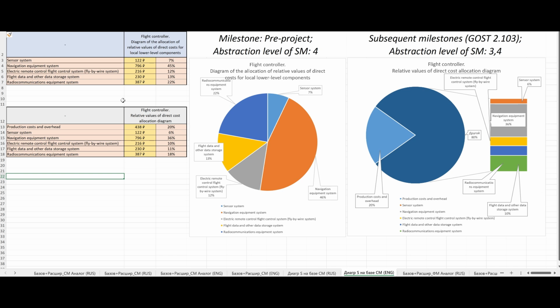So, the basic rule of constructing S and RQS and 6S diagrams in a tabular editor is as follows. First, when constructing a component cost diagram at a single or common abstraction level, primary diagrams should be used. Second, when constructing a cost diagram for components of 2 levels of abstraction, secondary diagrams should be used.